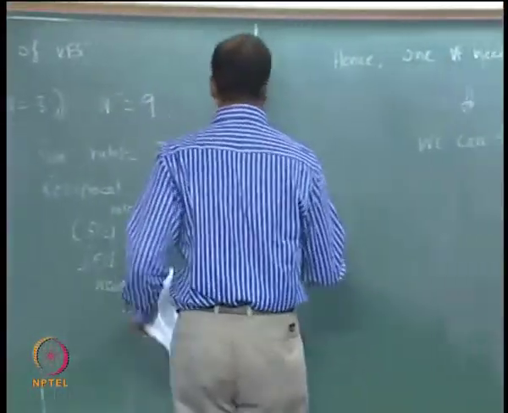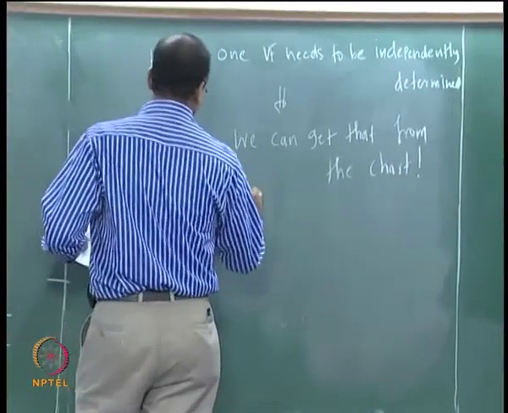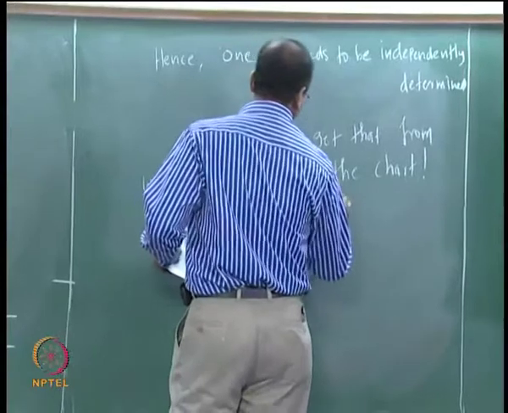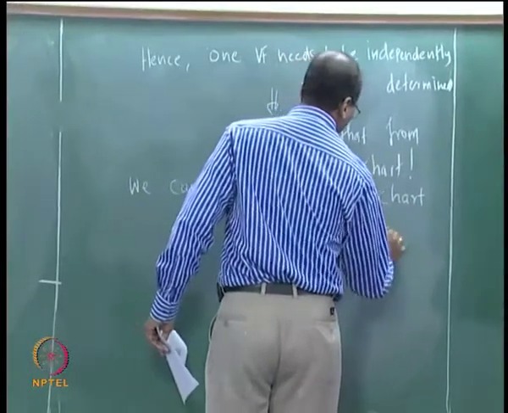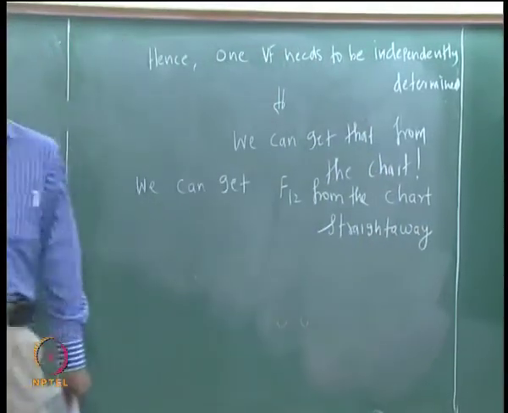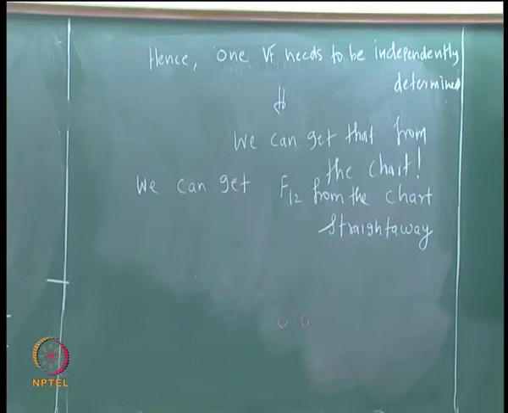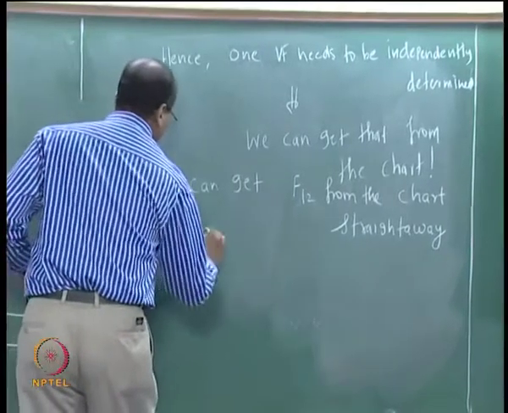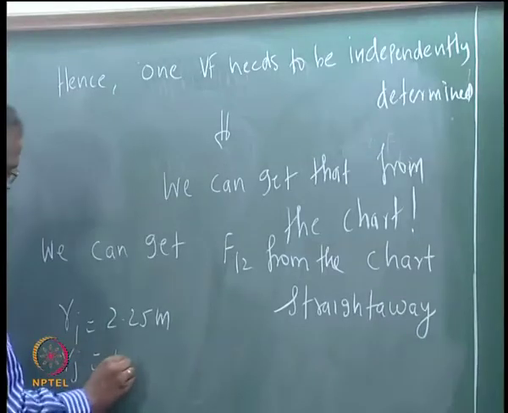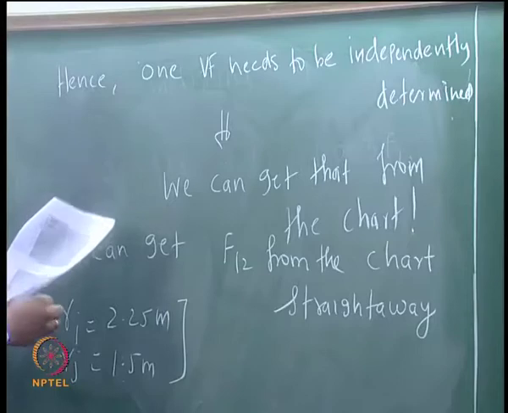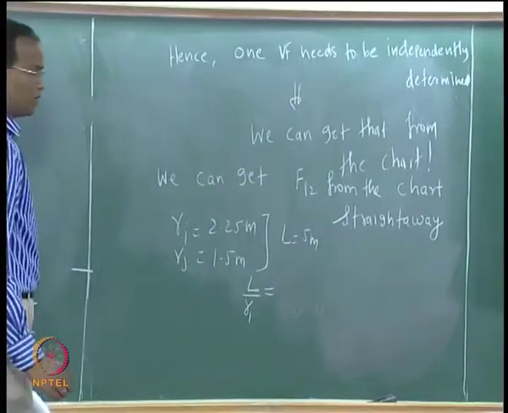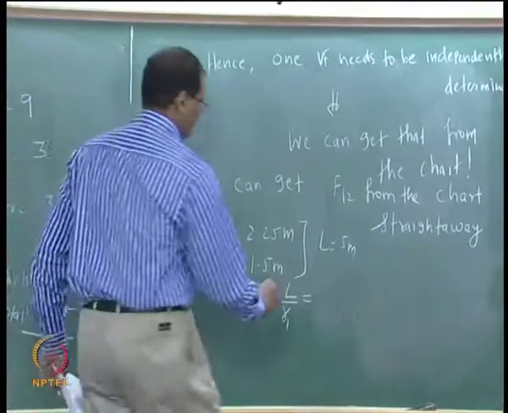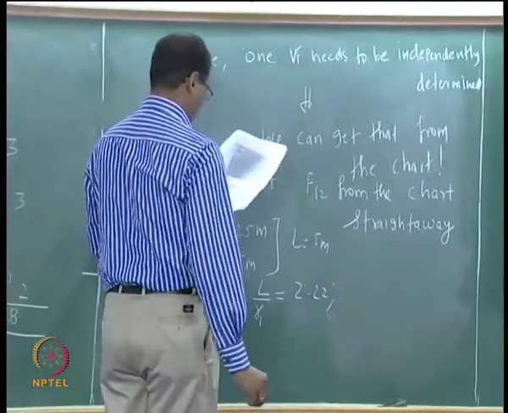So we can get F12 from the chart straight away. Now L by Ri, how much? 2.22.